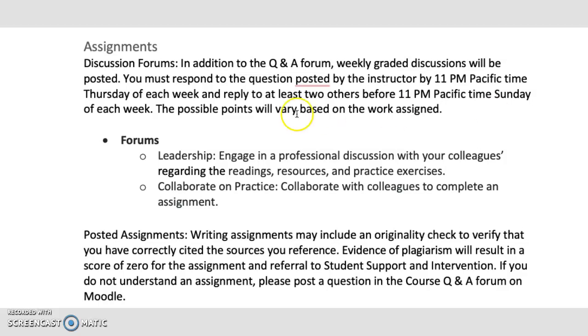One's a leadership forum, and that's where you have a chance to really engage in the readings and the resources. And the other one is really collaborating on practice, where you have a chance to provide peer support and feedback on collaborative professional practices before actually posting them.